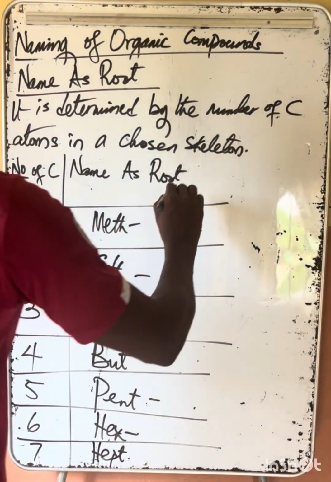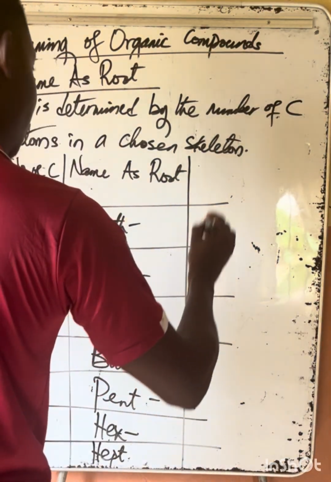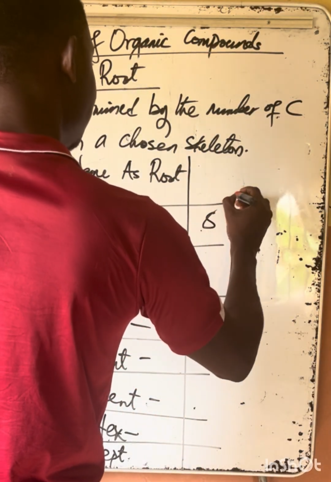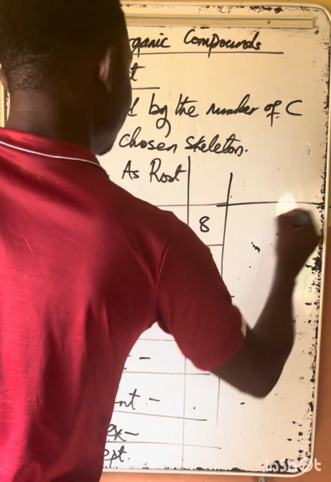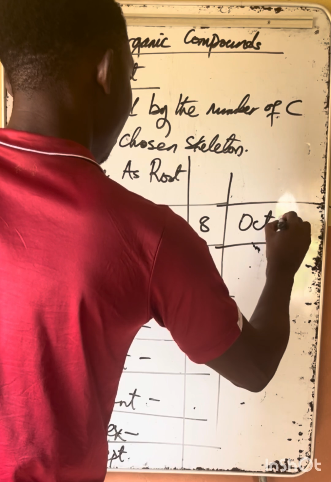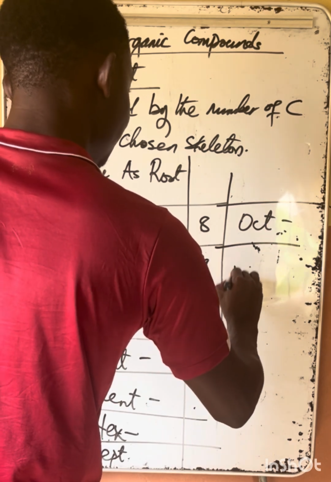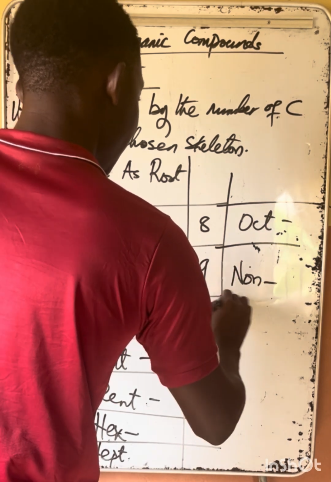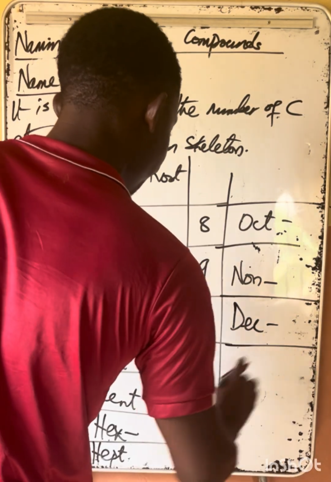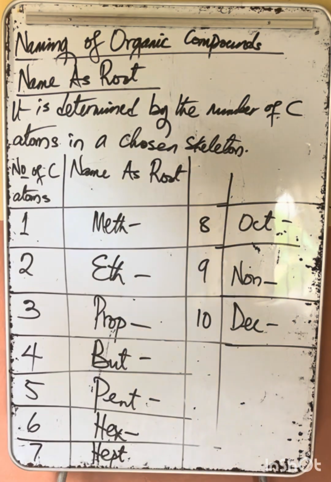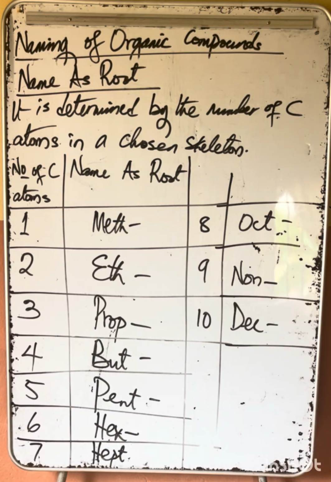Permit me to continue from here. 8, the name as root is oct. 9, non. And 10, dec. I'll stop here. I'll just leave the space so that you take a screenshot or go through it and know what is happening here.